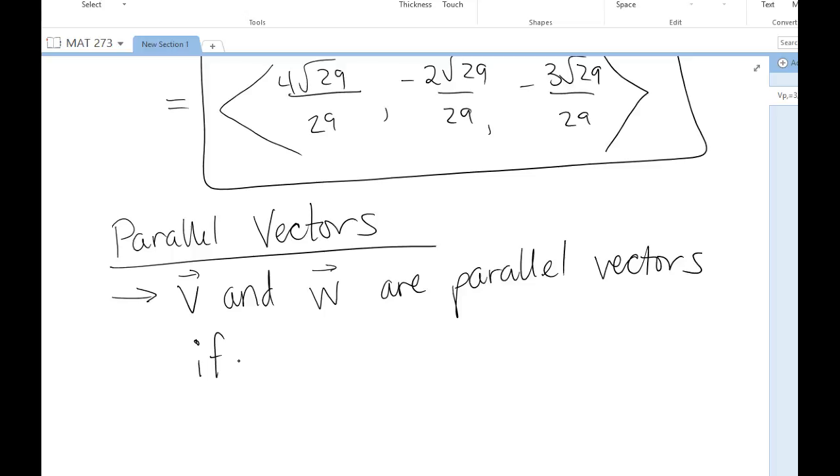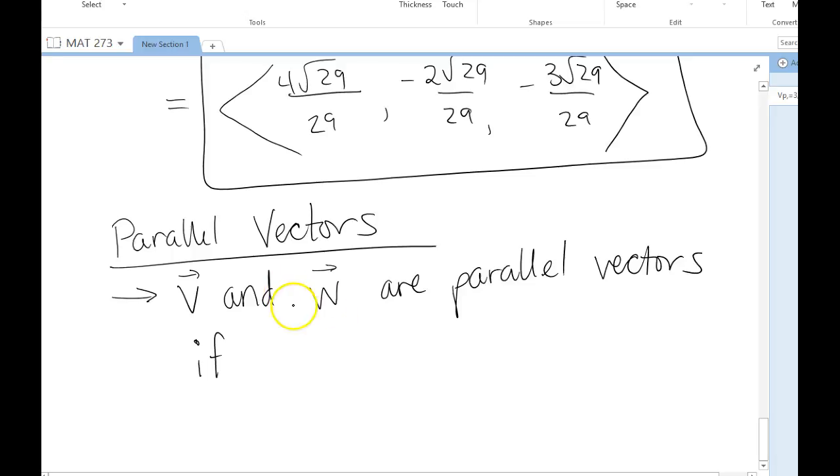Just same direction. And what kind of vector do we use for direction? Unit vectors. We don't care about the magnitude at all. All we care is that the directions are the same. So the magnitude can really be anything, we just have to worry about the direction.